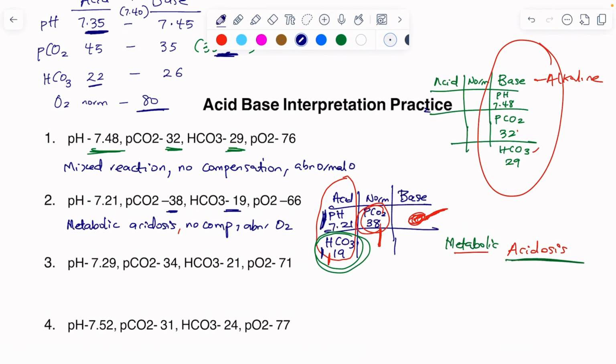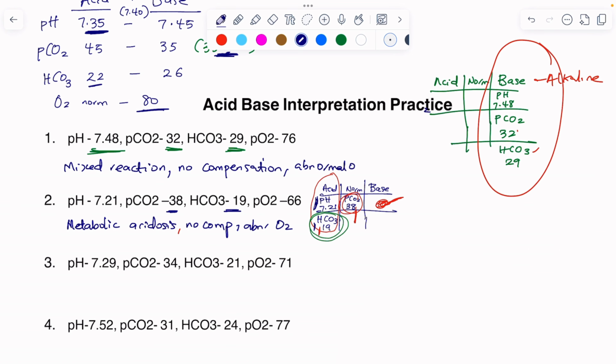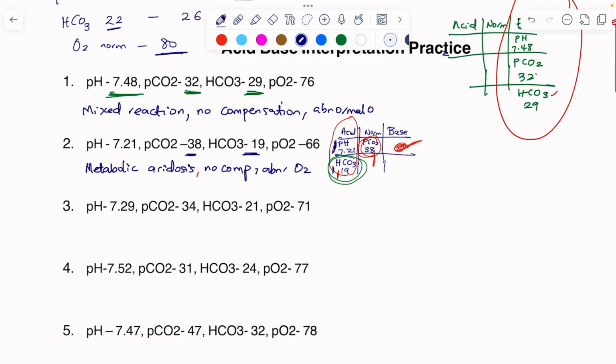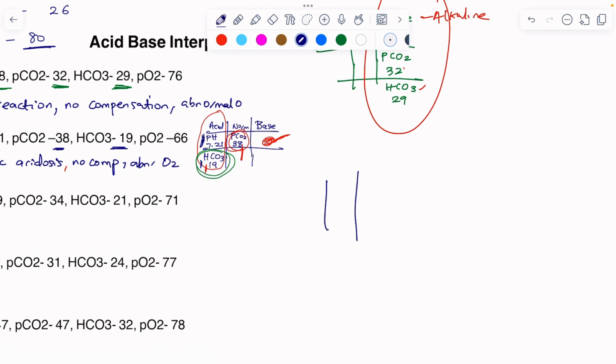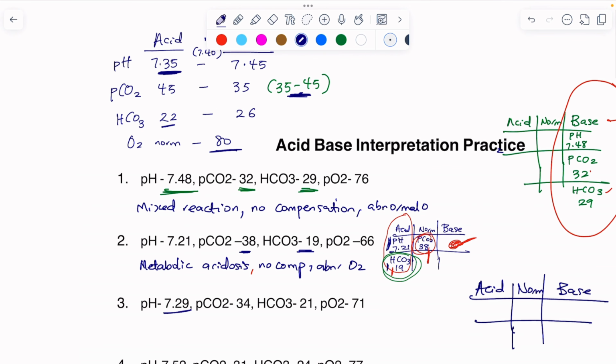Okay, let's move on. I'm going to make this smaller and I'm going to erase this one. Let's move on to the next one over here. Let's draw our Tic Tac Toe, acid, norm, base. Let's look at our pH first. It's acidic, as you can see right here. Let me just clean this up.